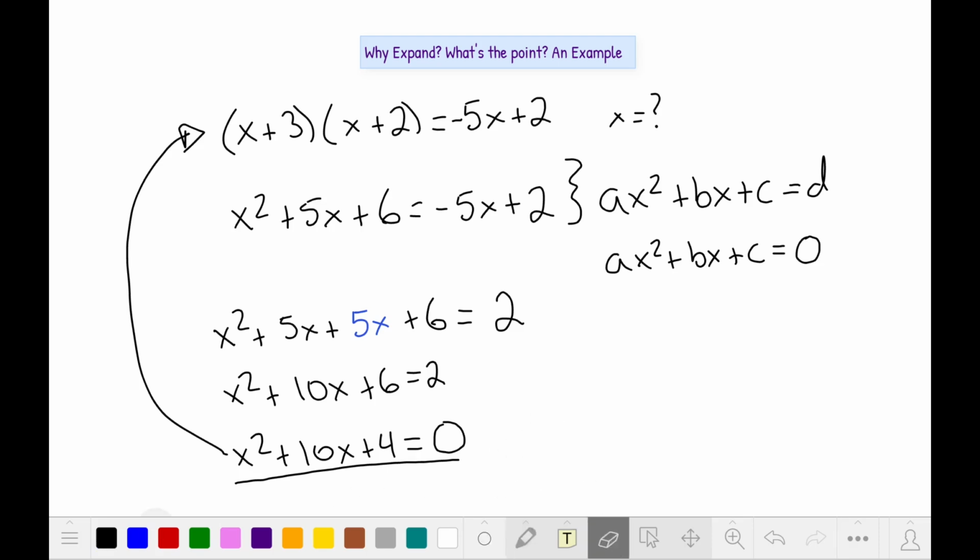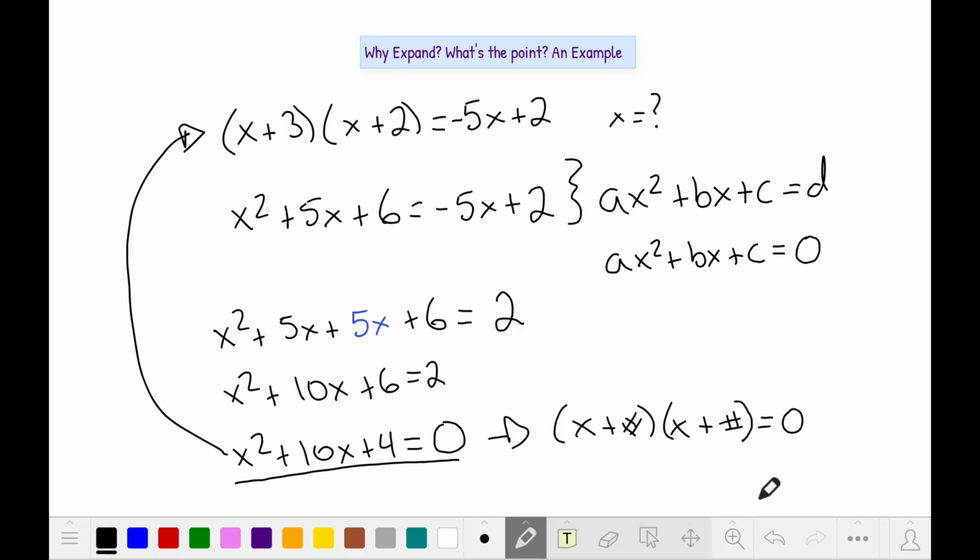What we're going to do is factorize the bottom equation so that it looks like x plus some number times x plus some other number, which I'm going to use a different symbol for, equals 0.